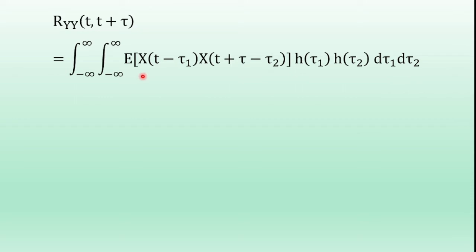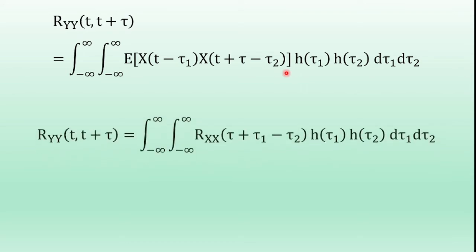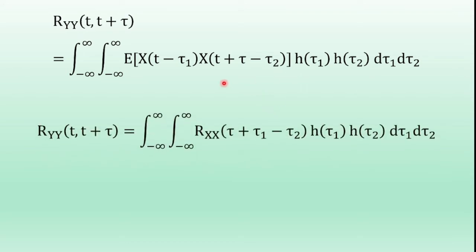Using the definition of the autocorrelation function of the random process, the expectation of x of t minus tau 1 times x of t plus tau minus tau 2 is Rxx of tau plus tau 1 minus tau 2.